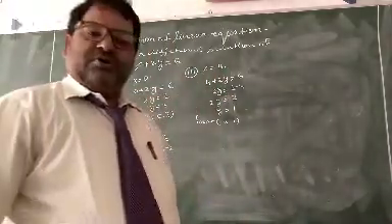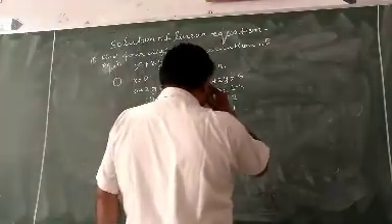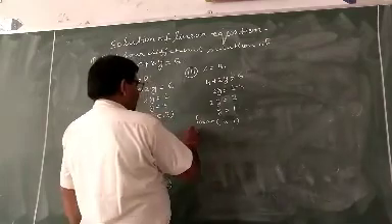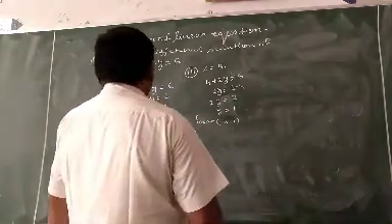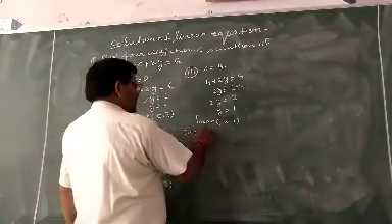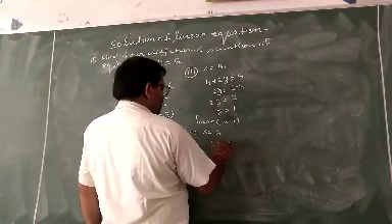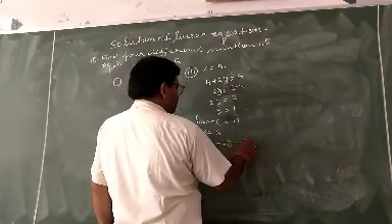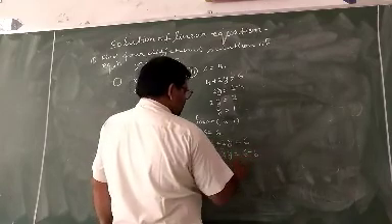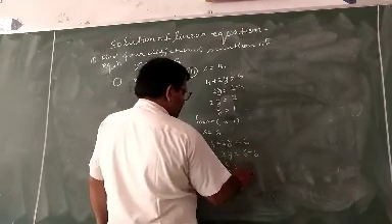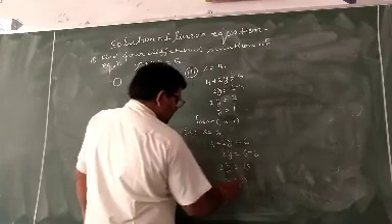And the fourth value, x is equal to 6. Then 6 plus 2y equal to 6 and 2y equal to 6 minus 6, 2y equal to 0 and y equal to 0.